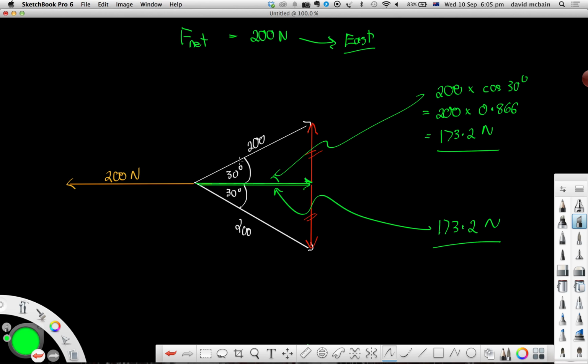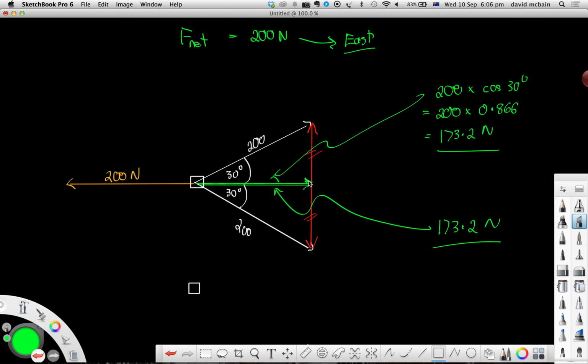So that means in total, remember the two red forces have cancelled because they're the same size but in opposite directions. So what we're left with is an object that all these forces are acting on, where we've got the two green forces adding together.